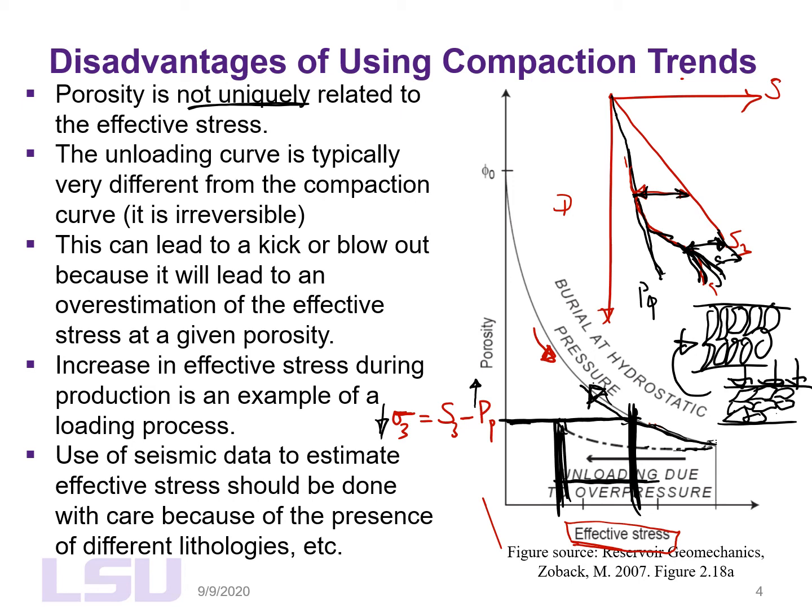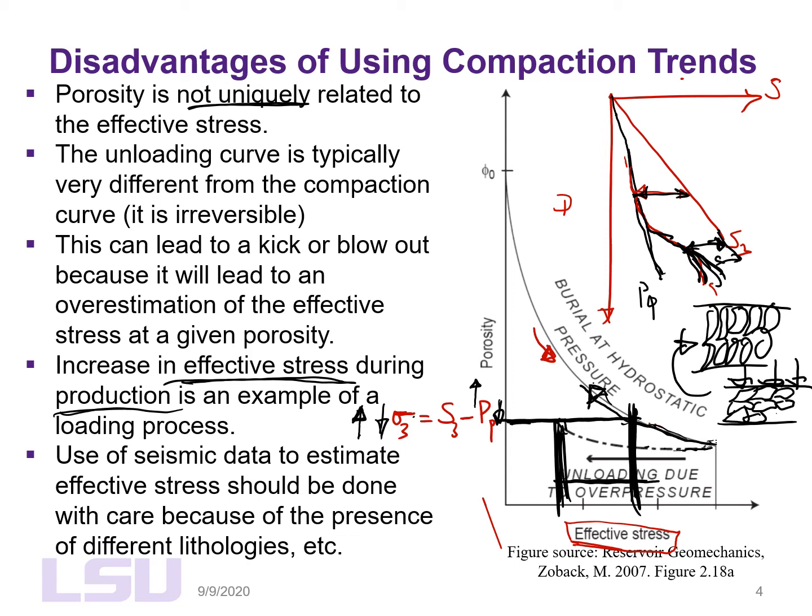I also give an example of what happens to effective stress when you produce. When you produce, pore pressure goes down, right? Which is your reservoir pressure. If reservoir pressure goes down, what happens to S3 or any effective stress? The effective stress is actually increased.